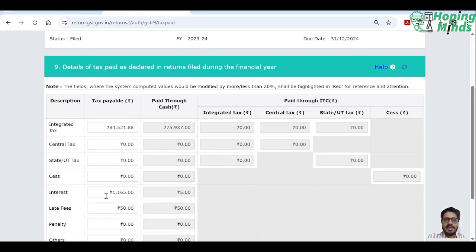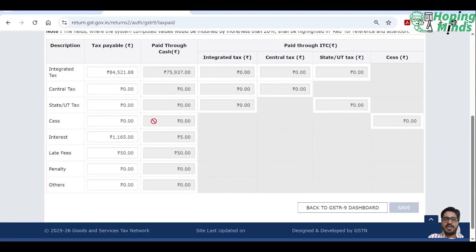Along with this, the interest figure is 1165 and 5 rupees has already been paid towards interest. So the differential amount of this tax payable and tax paid and interest payable and interest paid shall be paid through DRC 03 challan, that is meant for voluntary payment of taxes. So here we can see the differential amount has been paid using DRC-03 challan.